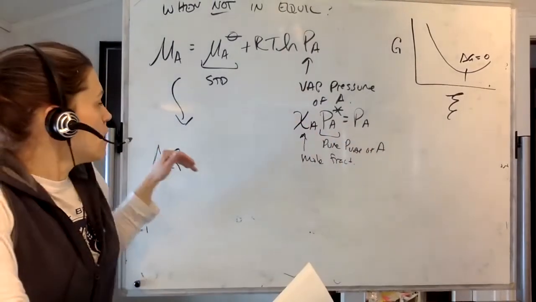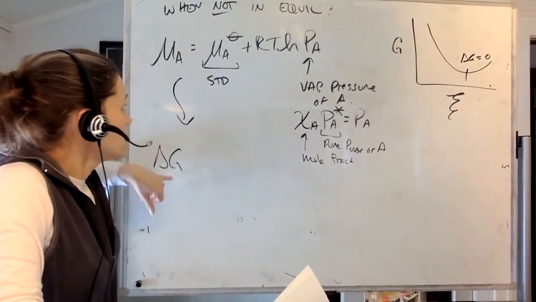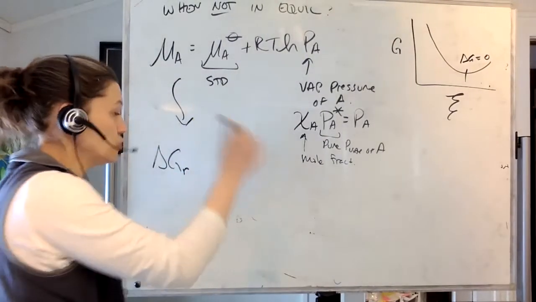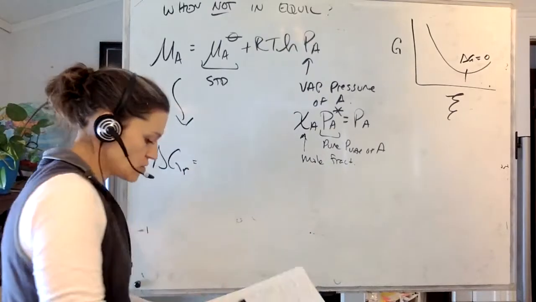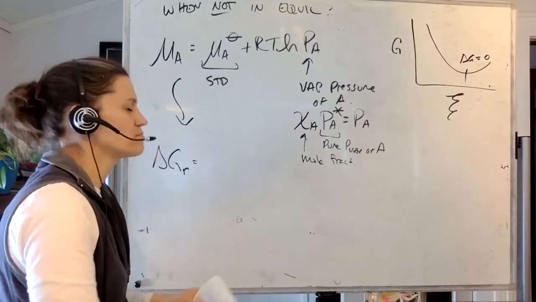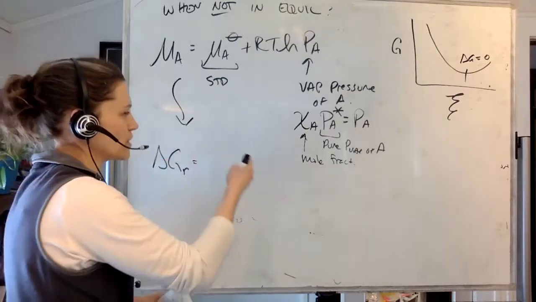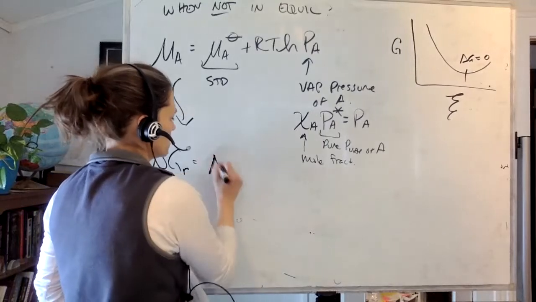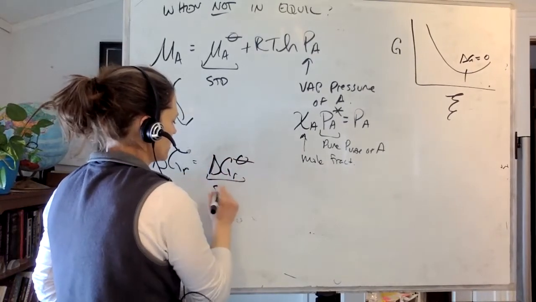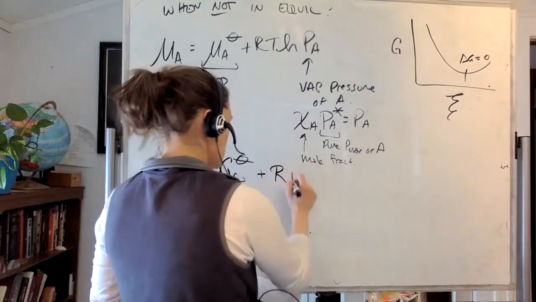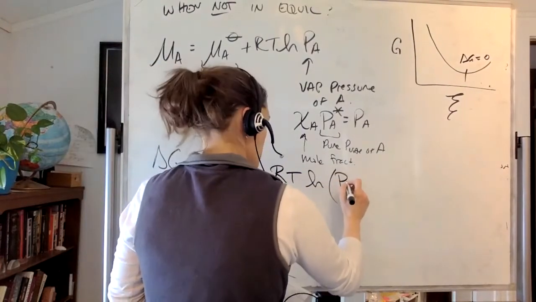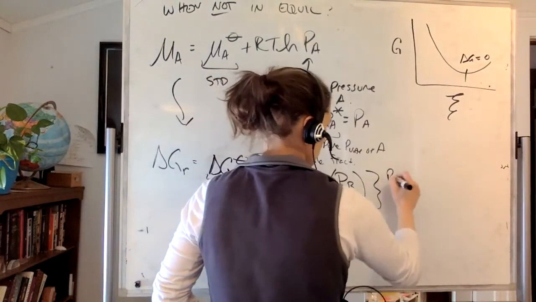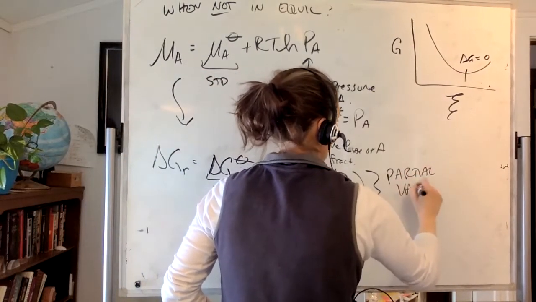This is what we did with mixtures from before, in chapter 5, I believe, where we talked about delta G of mixing and delta mu of mixing. Or rather, the delta G of reaction, when you look at the difference between the final and the initial state, gives us delta G of the reaction under standard conditions plus RT log PB over PA, where these are the partial vapor pressures.